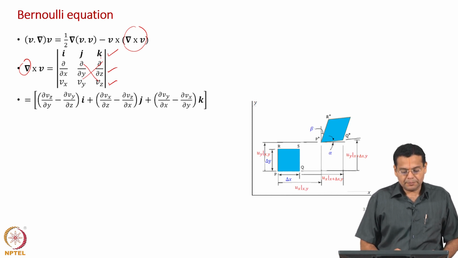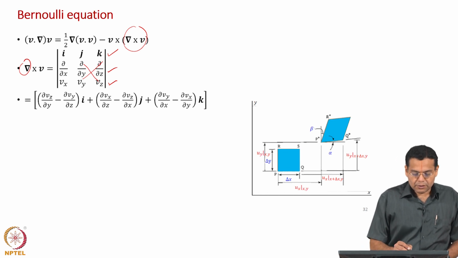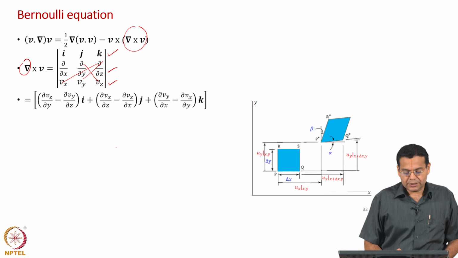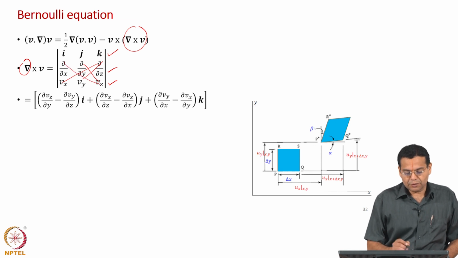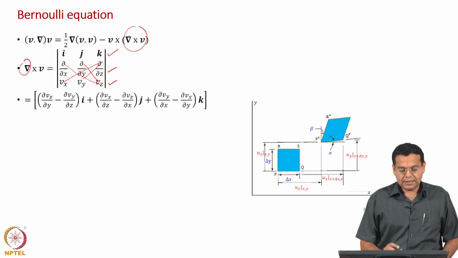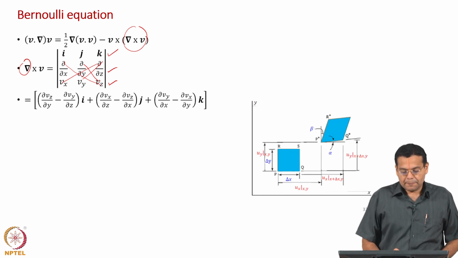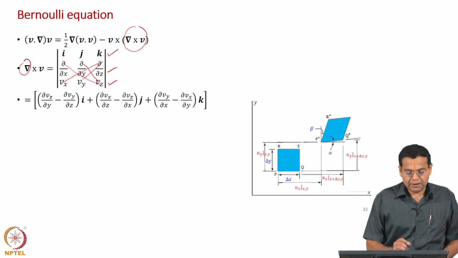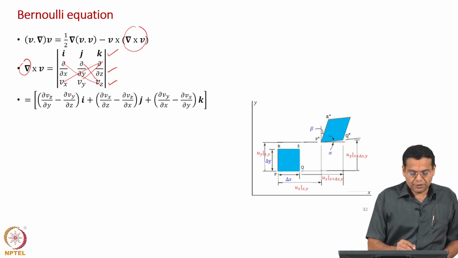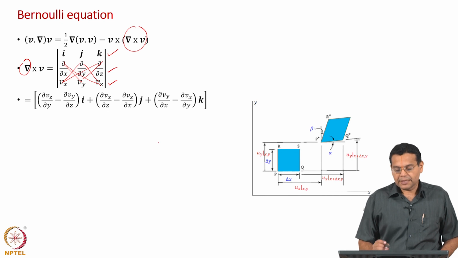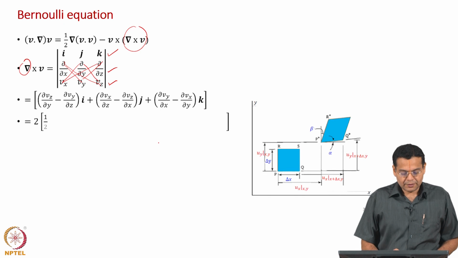Then second term we have dou v x by dou z minus dou v z by dou x and then j, and then for the next term we have dou v y by dou x minus dou v x by dou y and then k vector. Okay. Let us multiply and divide by 2 and you will see something familiar to us.